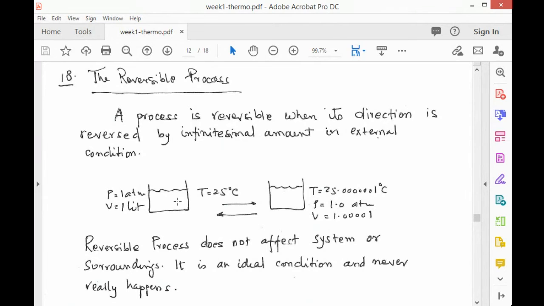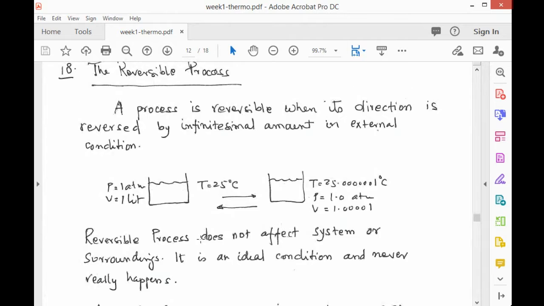Put this in mind. And this is an ideal case. It never happens in real life, but it tells us about the maximum efficiency of any process, how much the maximum efficiency of a given process would be under ideal conditions.